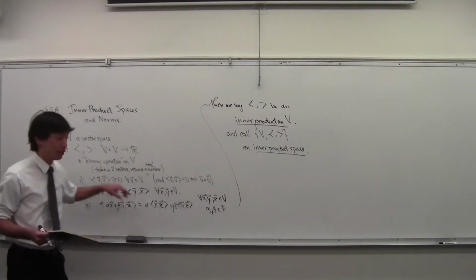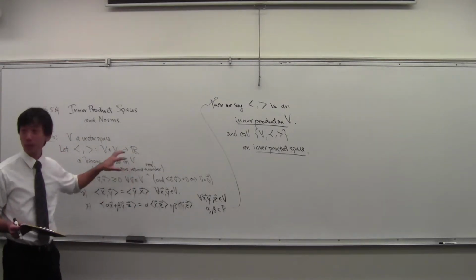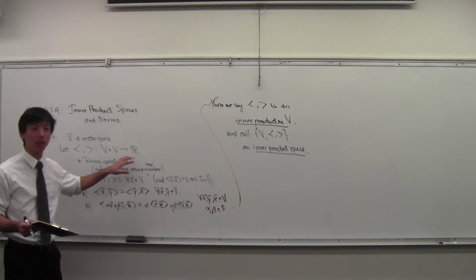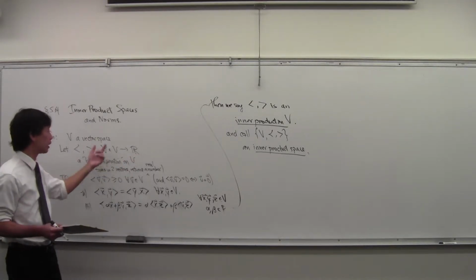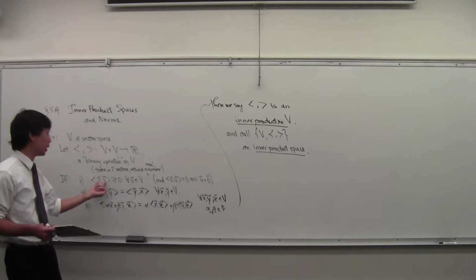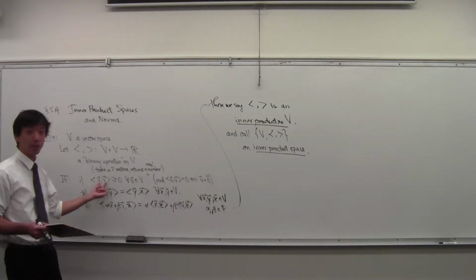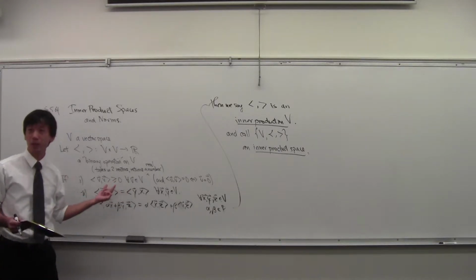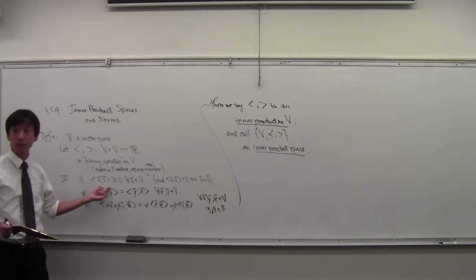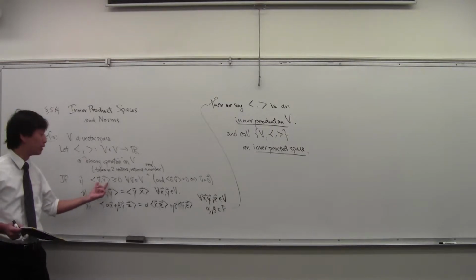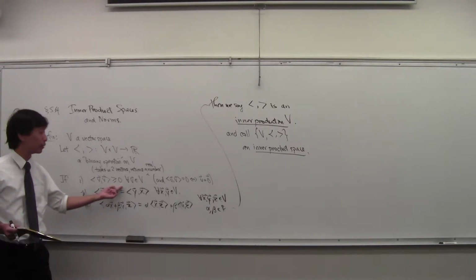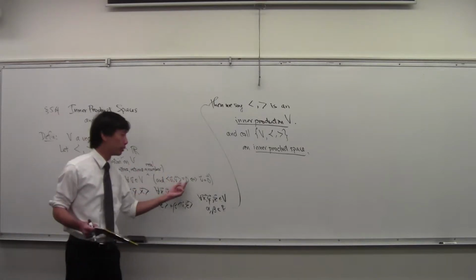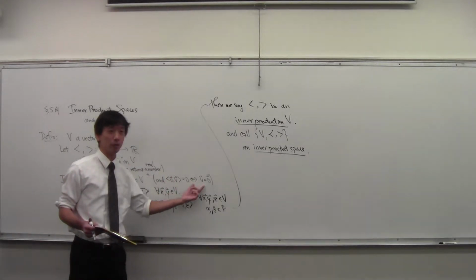Okay, so the way you want to think about this is just think of the dot product on Euclidean space, right? The dot product against itself, right? If you have a vector and you take its dot product against itself, that's always going to be greater than or equal to 0, right? Because the dot product against itself is the magnitude squared, right? The magnitude of a vector is always bigger than or equal to 0, and the magnitude is 0 if and only if the vector is the 0 vector.